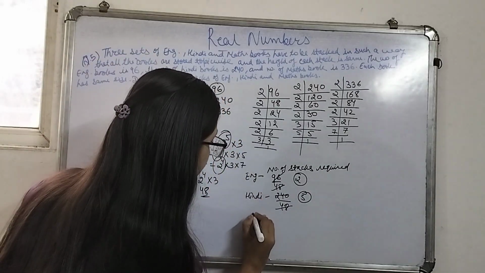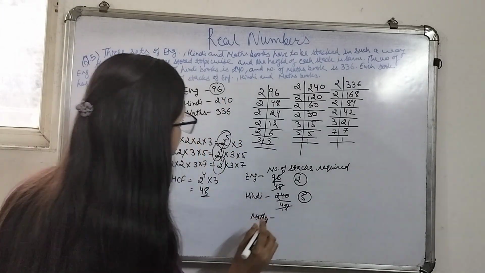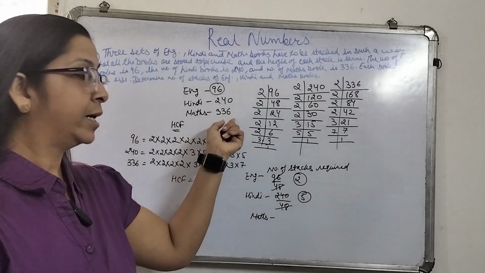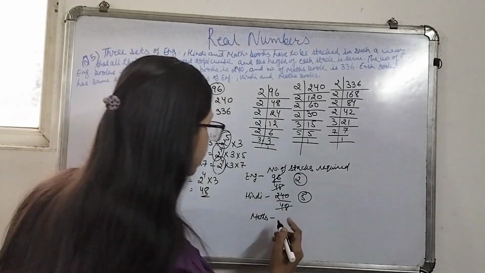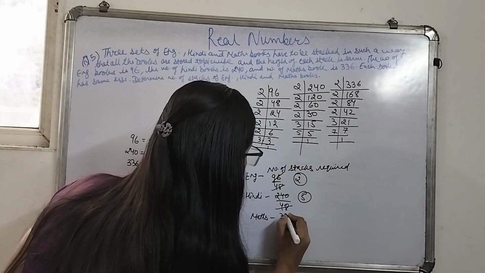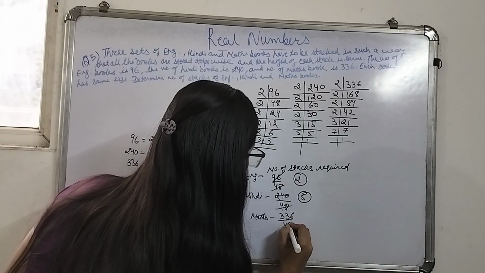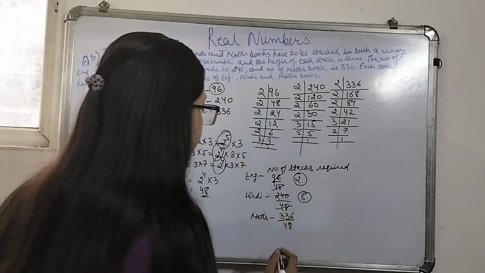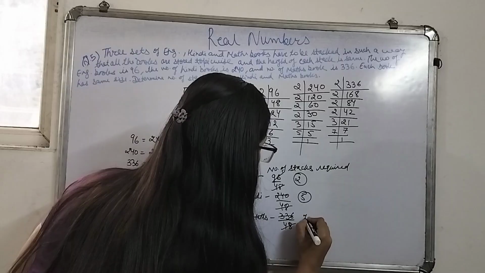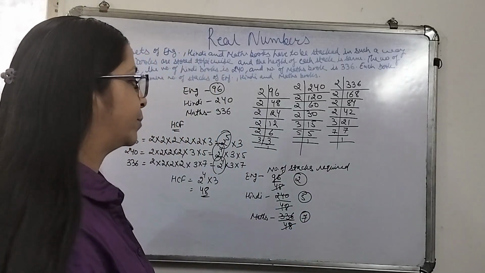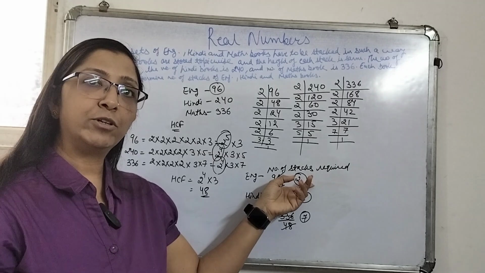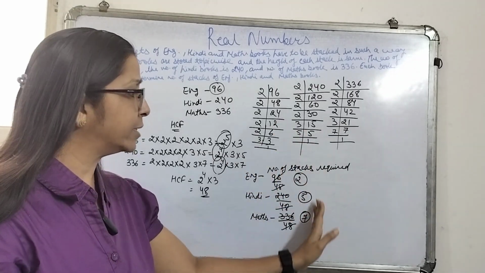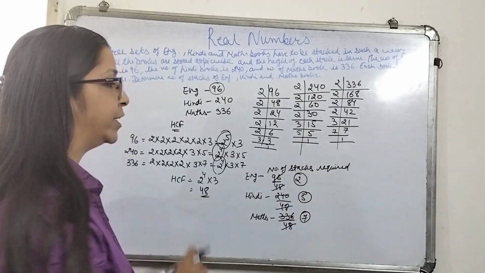For maths, total number of books is 336, and we know that in one stack 48 books could be arranged. So 336 divided by 48. So 7 stacks will be required. So for arranging all the books of English, 2 stacks will be required, and in every stack, total number of books will be 48.